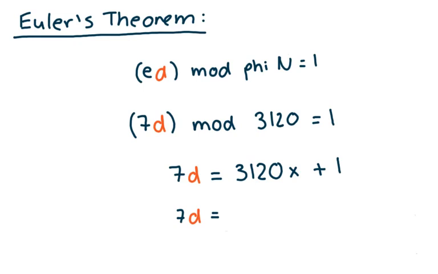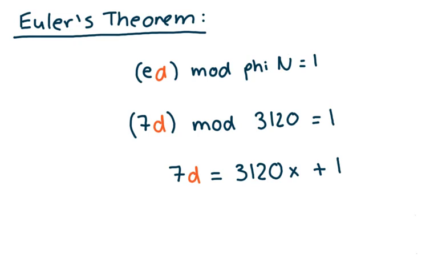So 3,120 times 4 is 12,480, and that plus 1 is 12,481, so 7D is equal to 12,481. And in that instance, D does equal an integer. D equals 1,783.